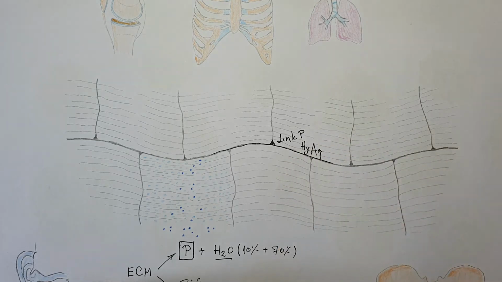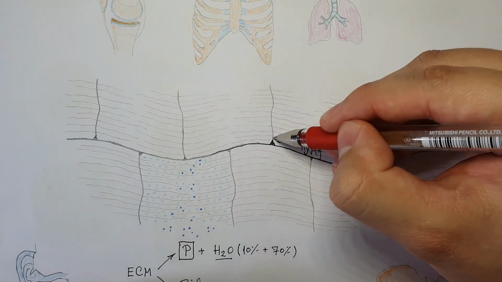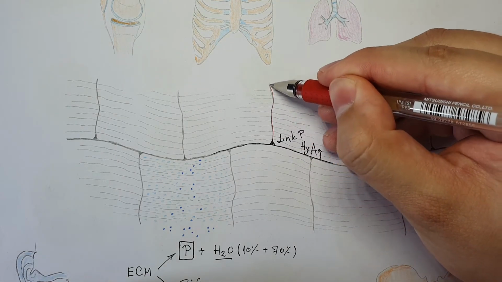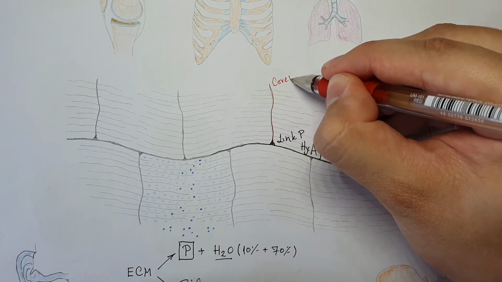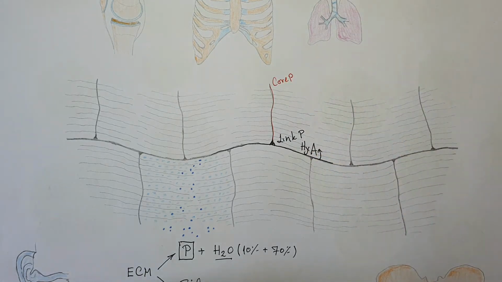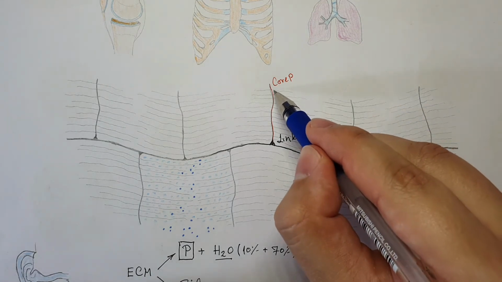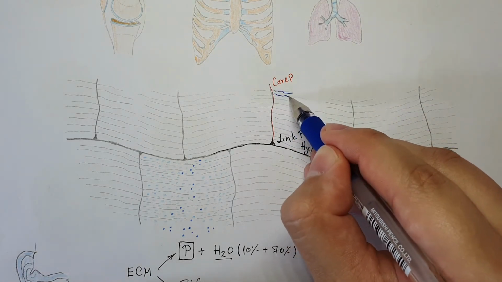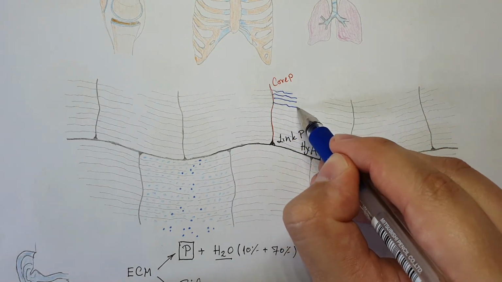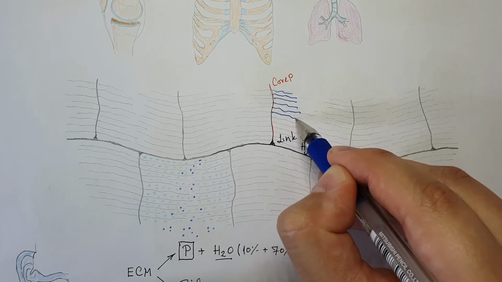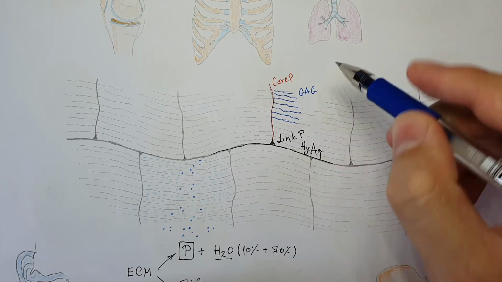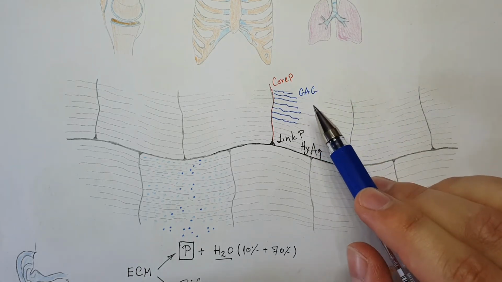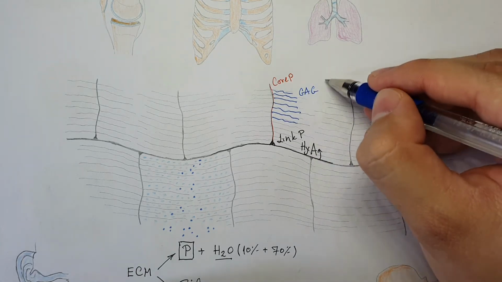The link proteins connect the hyaluronic acid with these proteins, which are called core proteins. On them we have bound molecules called glycosaminoglycans, or GAG. Together they form these aggregates.